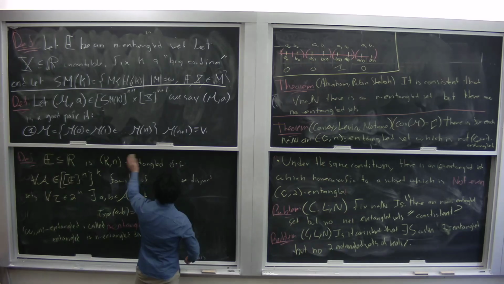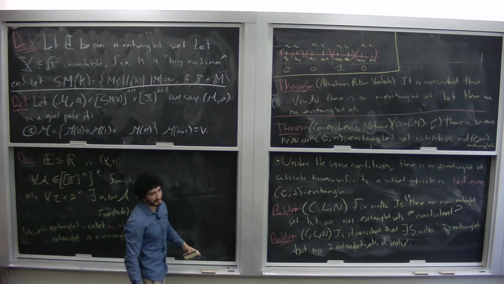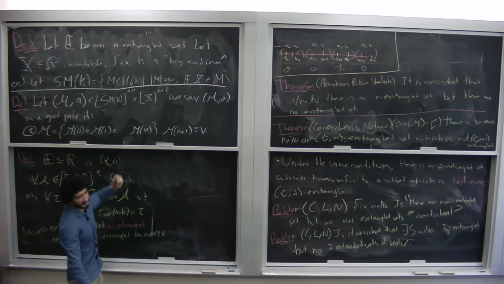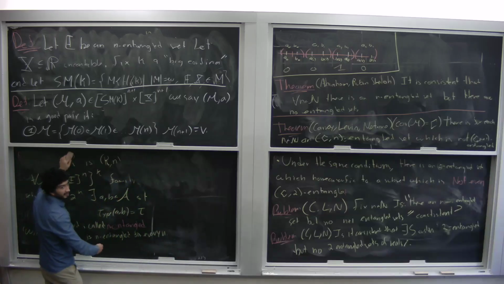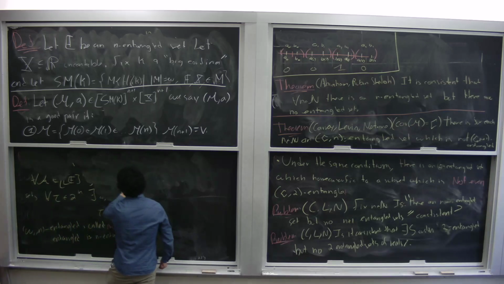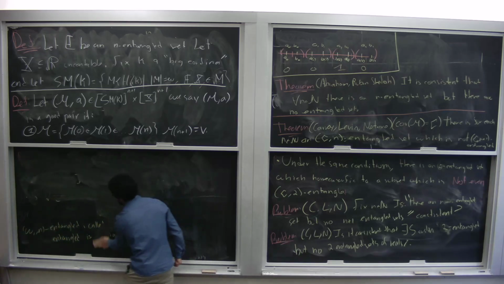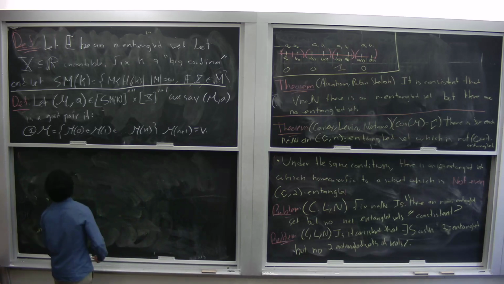So this is a chain of elementary submodels. You want H(kappa) all the way as the universe. That looks fine. It's just a notation, and it will be justified in the second point.